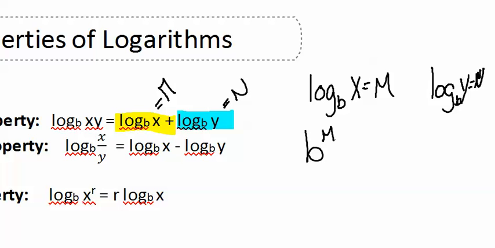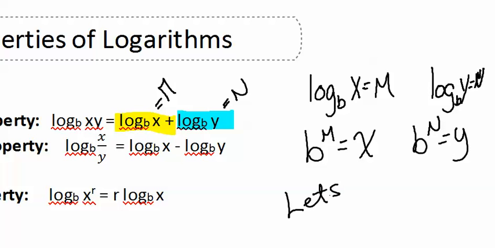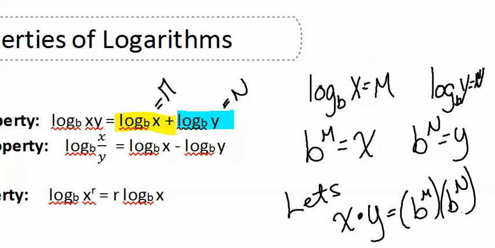So b to the m now equals x, and b to the n now equals y. Now let's just say that we do x times y. Well, x times y is really b to the m times b to the n.